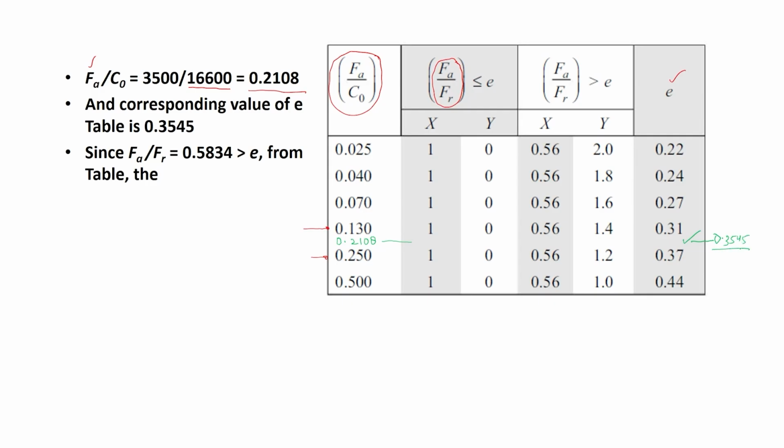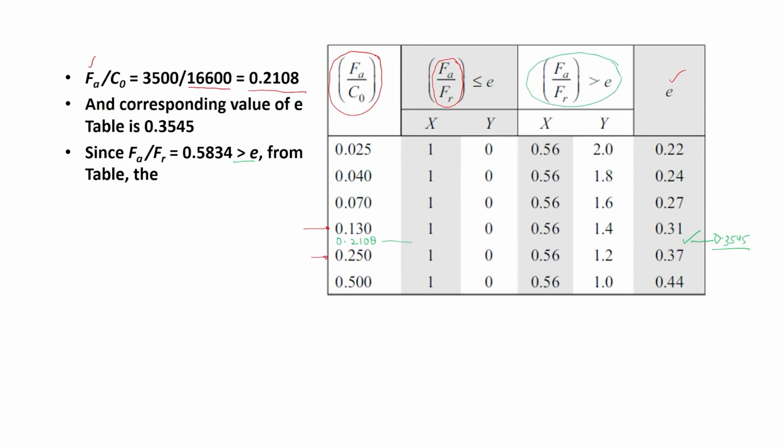This e will be compared with the Fa upon Fr. Our Fa upon Fr is 0.5834 and obtained e is 0.3545 and therefore, Fa upon Fr is greater than e. So, we will take this condition.